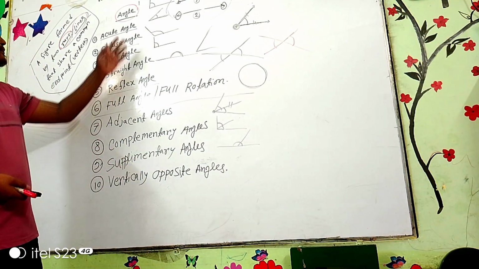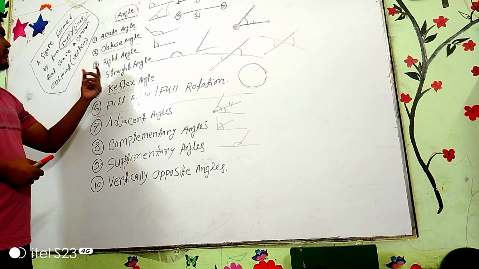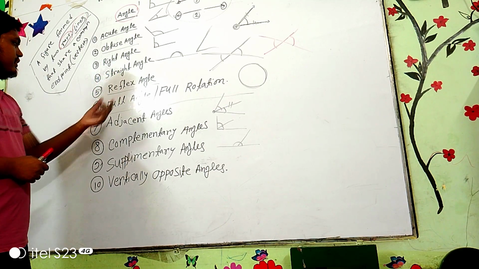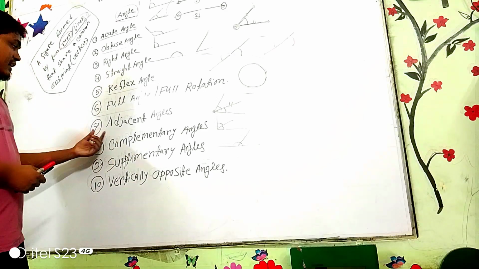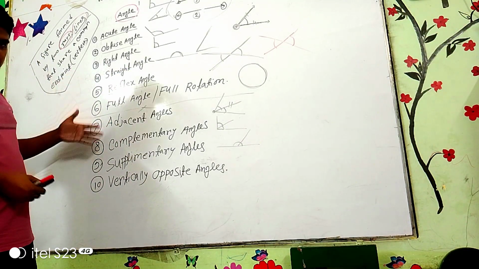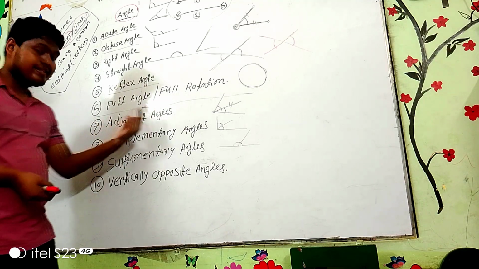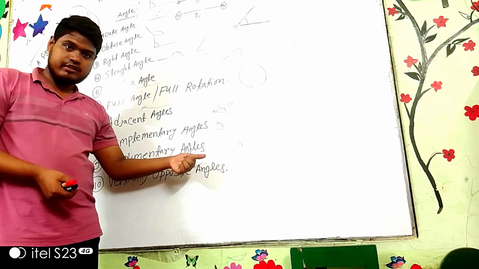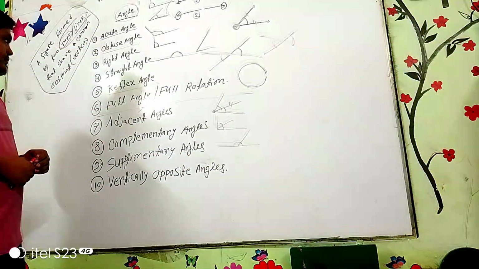I repeat, there are 10 angles: acute angle, obtuse angle, right angle, straight angle, reflex angle, full angle or full rotation, and the combination of angles, 7 to 10: adjacent angles, complementary angles, supplementary angles, and vertically opposite angles.